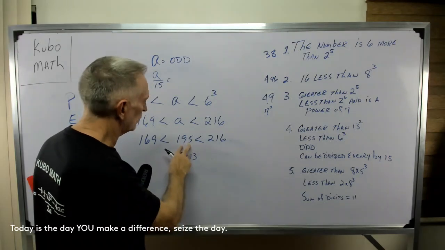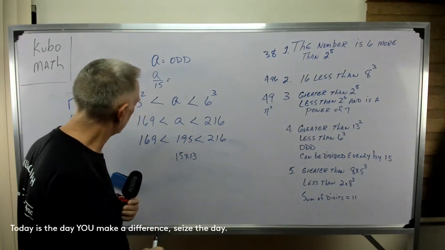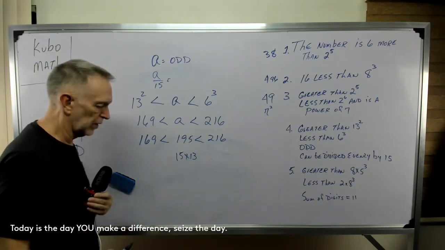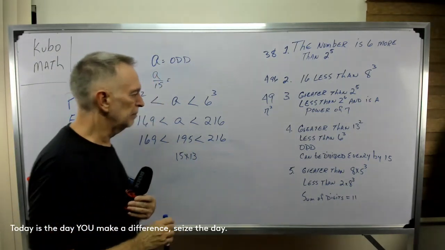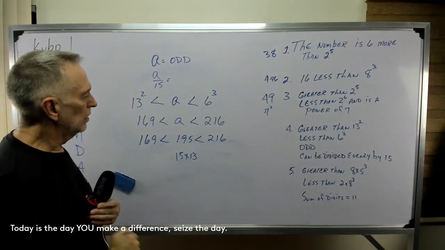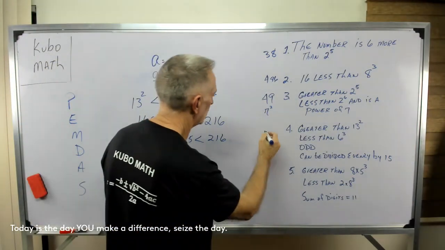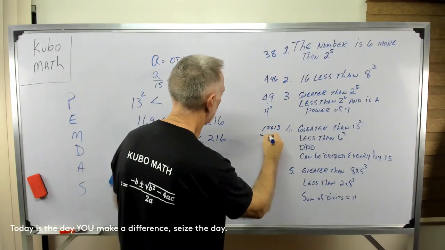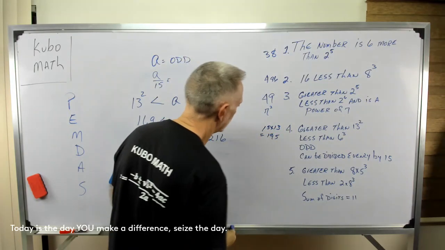Okay, and obviously that's an odd number. And we knew we had to have odd times odd to end up with odd. Okay, keep that in mind. So that was 15 times 13 equals 195.